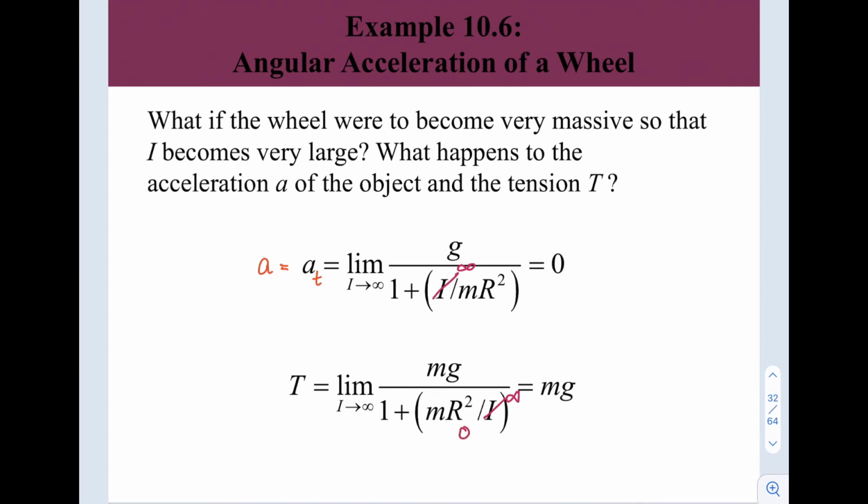Mr squared divided by infinity is 0, then 1 plus 0, mg over 1, means we are only left with mg. So T is balanced with the weight, which gives the same meaning: there is no motion, no movement. This is the meaning of our finding here.